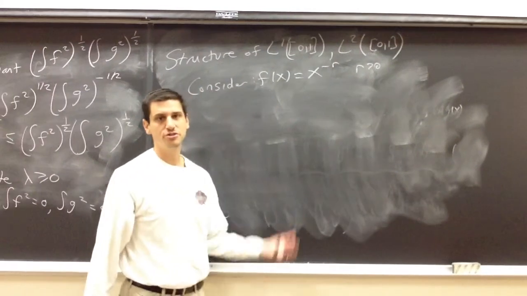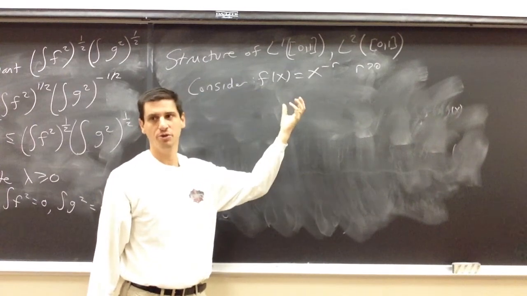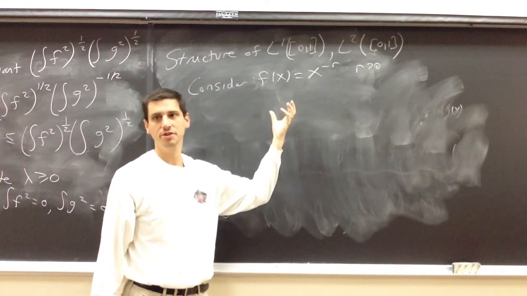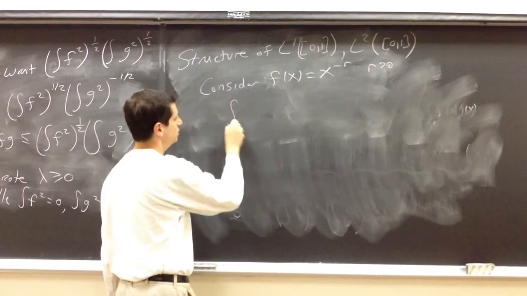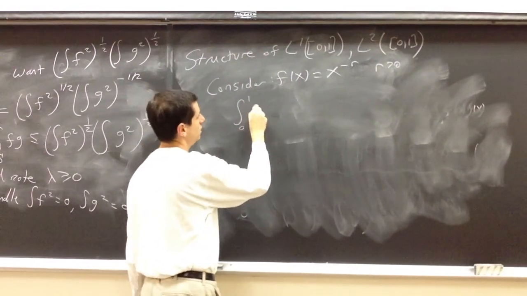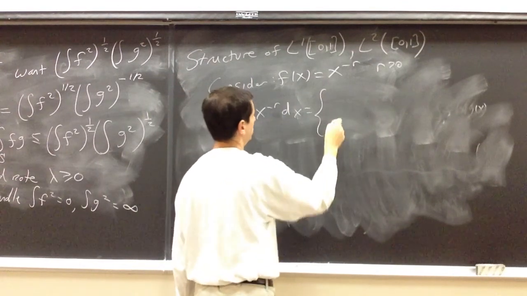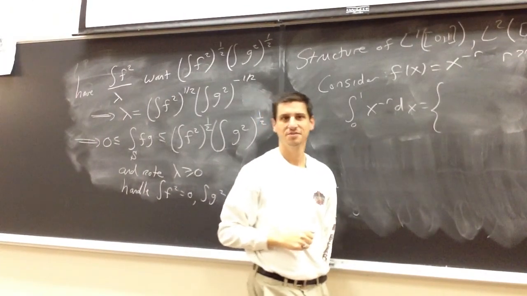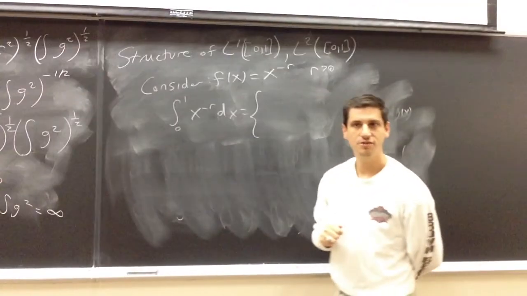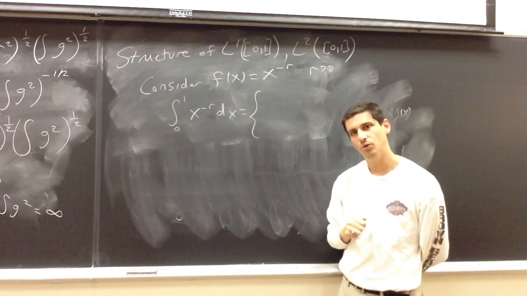I like to write it like this just so I know what's positive and negative. I don't like to have negative exponents, negative constants. It just bothers me. This way, my constants are always positive. So now if I integrate from 0 to 1 of x to the negative r dx, well, what's the danger value? The danger value is 0, not 1.